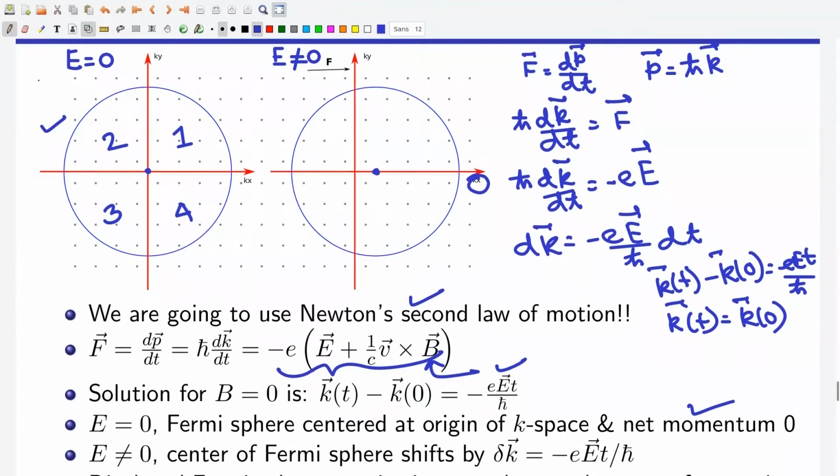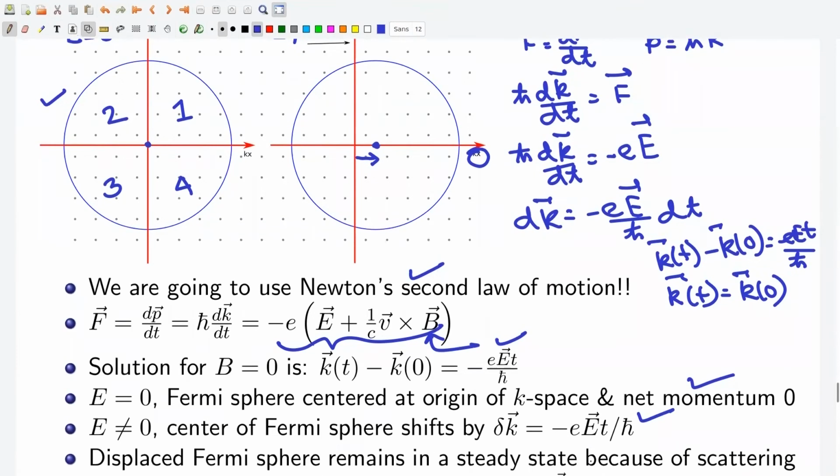And we know that net momentum implies that there is some net current. Thus, for E not equal to 0, the center of the Fermi sphere has shifted from the origin to this point, and that is given by Δk = -eEt/ħ.